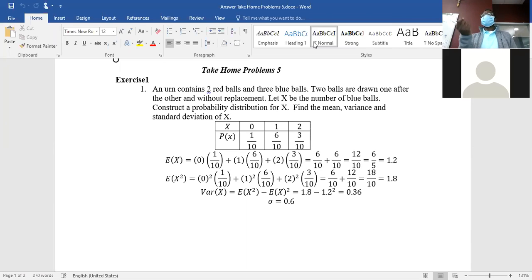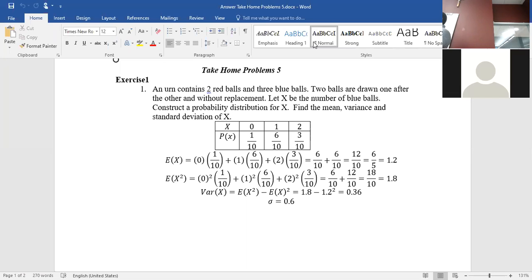Because you are only choosing 2 balls. If you pick 2 balls, can they all be blue? Can you have 3 blue out of 2 balls? So we are only choosing 2 balls. Do we get this?